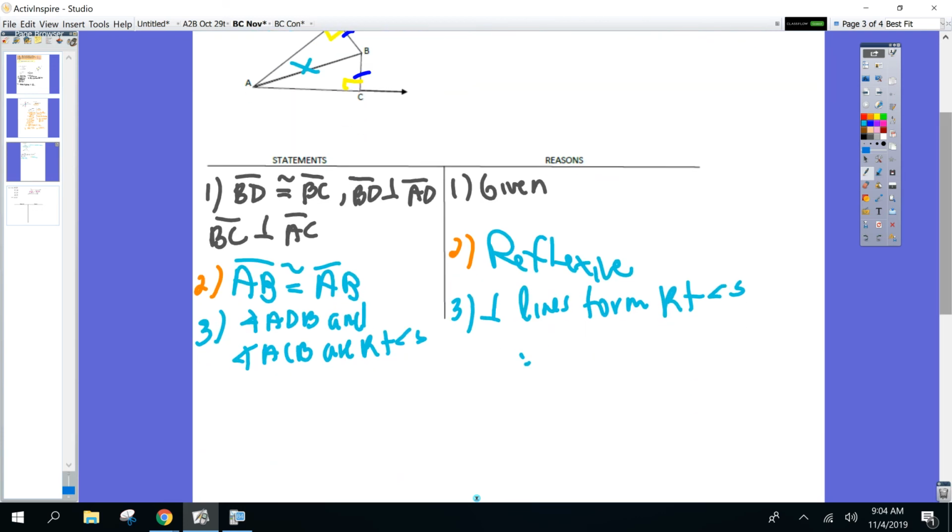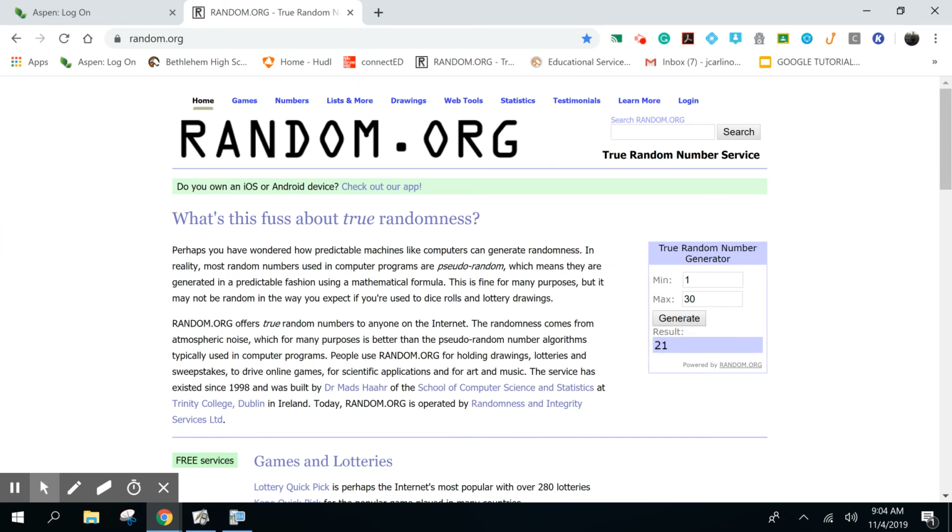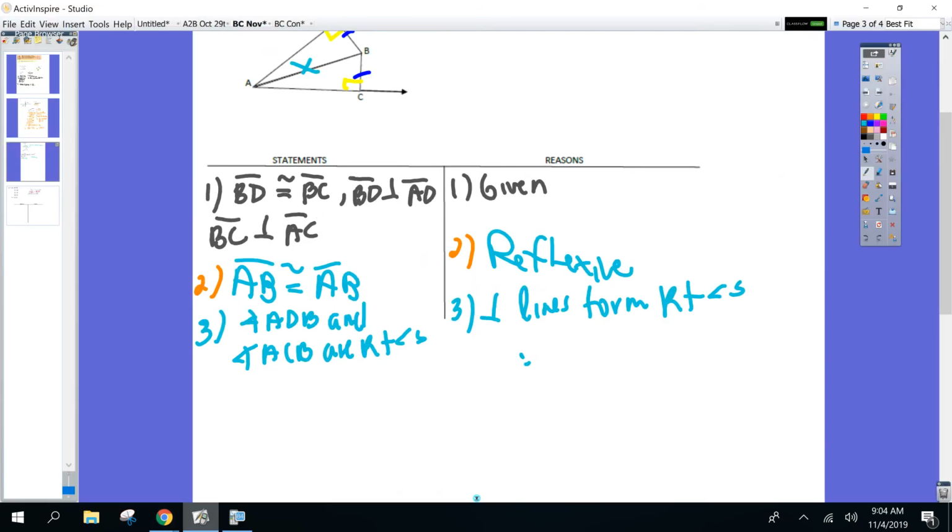Okay, now that I have right angles, what can you tell me? 21, what else here? That the triangle BCA and triangle BDA are right triangles. Yep. Why? Right angles form right triangles.